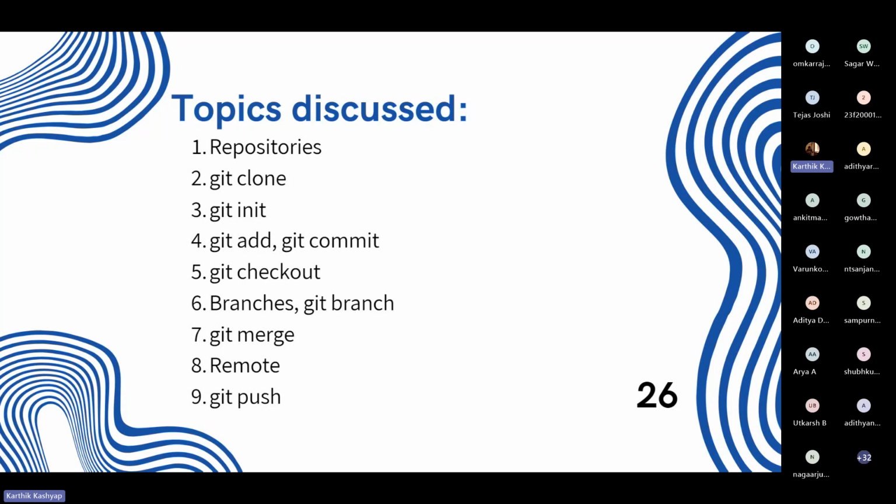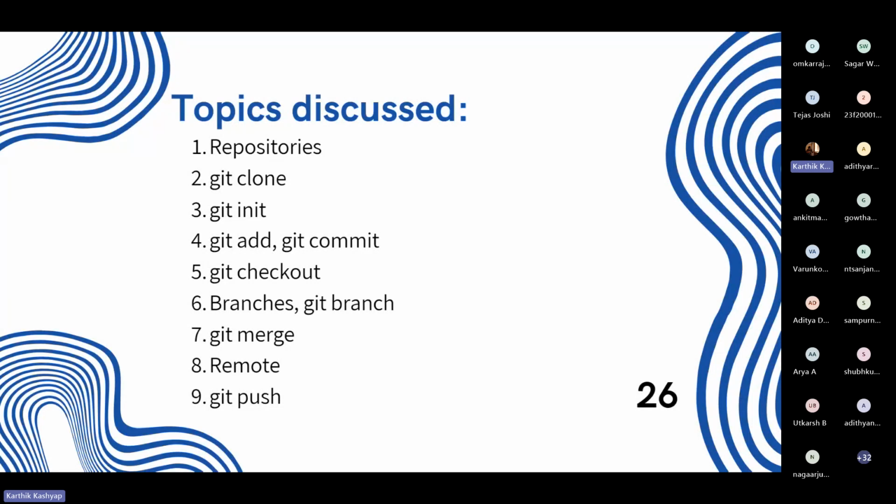Git clone is used to clone a directory from GitHub onto your local PC. And then git init is used to convert a directory into a Git repository. And then git add is used to add your files that you want to commit changes on to the staging area. And then git commit is used to actually make the commit alongside with the commit message, of course.